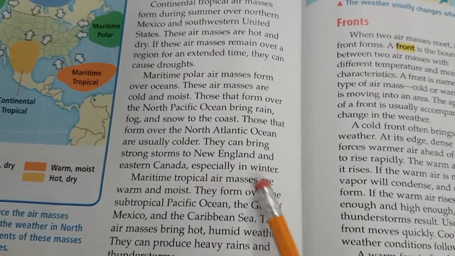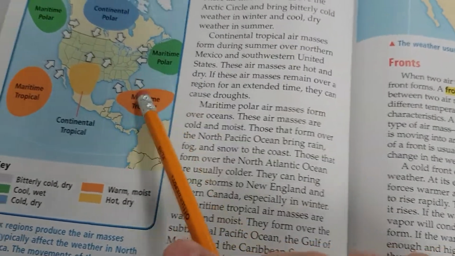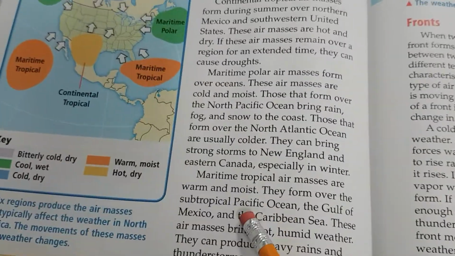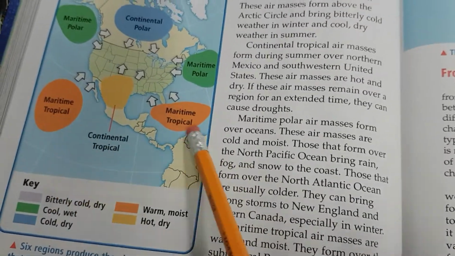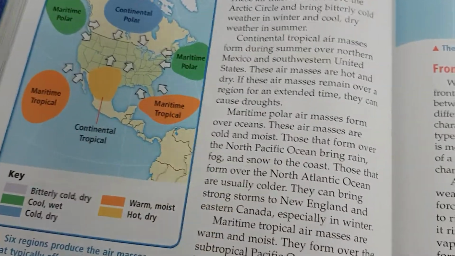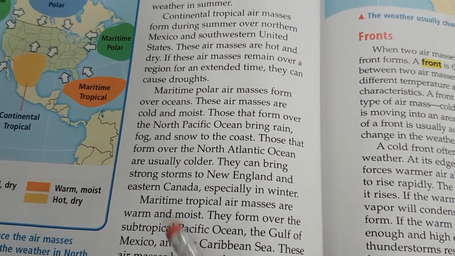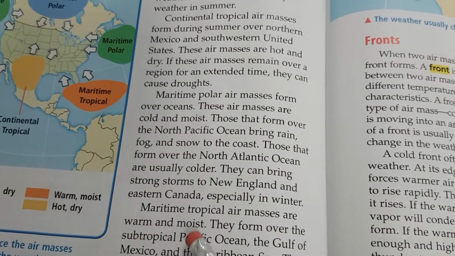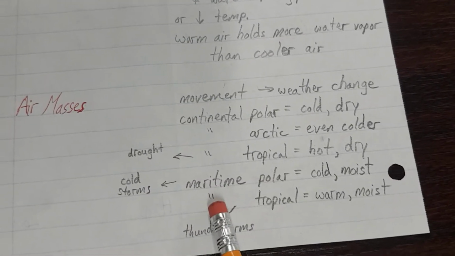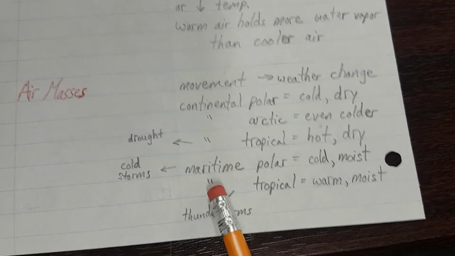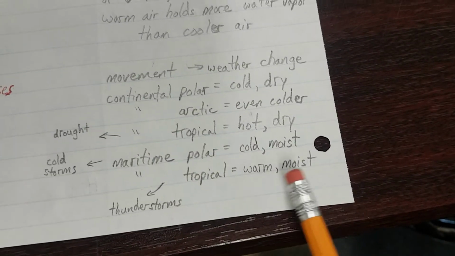Maritime tropical air masses. Oh, so it's still maritime, it's still water, but now it's tropical. Tropical sounds warmer to me, like the tropics, like the islands. Maritime tropical air masses are warm and moist. Using the quotes again means we're still saying maritime. Maritime tropical, warm, moist.